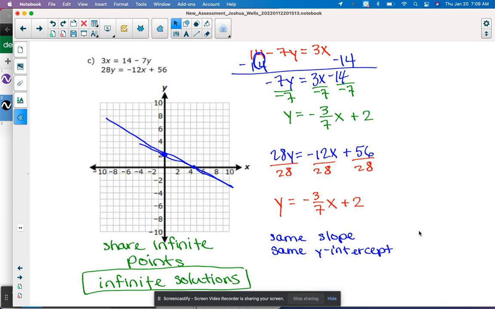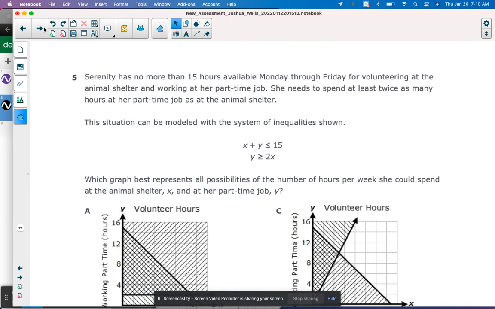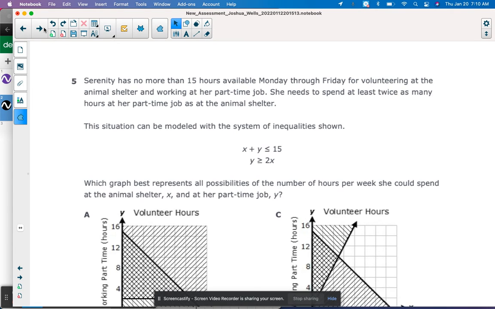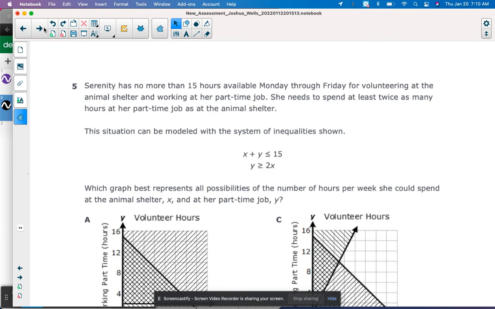Okay. Let's look at the next set of problems. So for problem 5, Serenity has no more than 15 hours available Monday through Friday for volunteering at the animal shelter and working at her part-time job. So we're doing two different things.